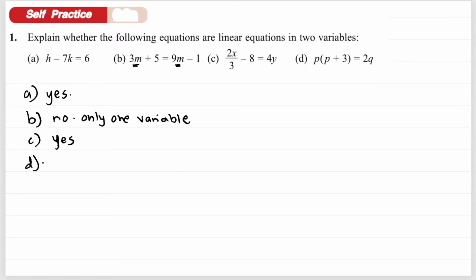And for D, if you expand this, you get P squared plus 3P equals 2Q. Okay, yes, you have two variables, P and Q, but it is not linear because the power here is 2. You know that for linear the power is 1, so this one is no, because the highest power is 2. Okay, the condition for linear, the highest power must be 1.